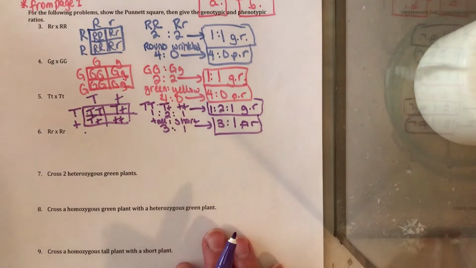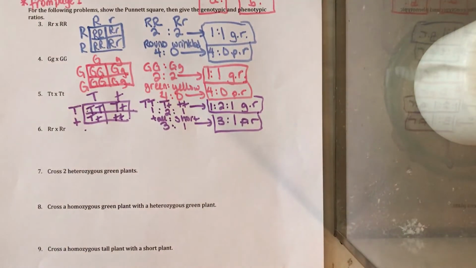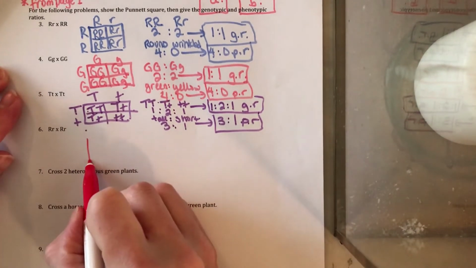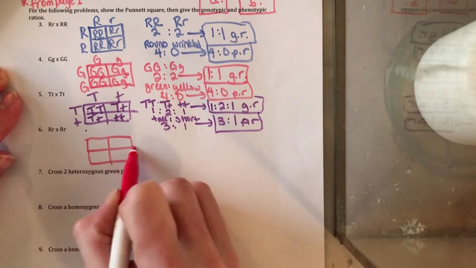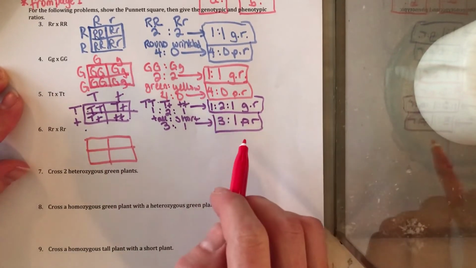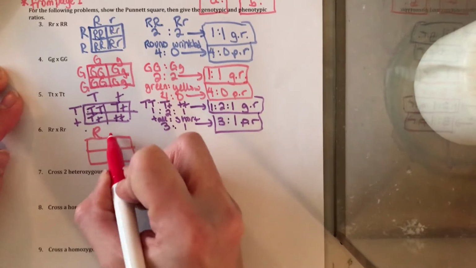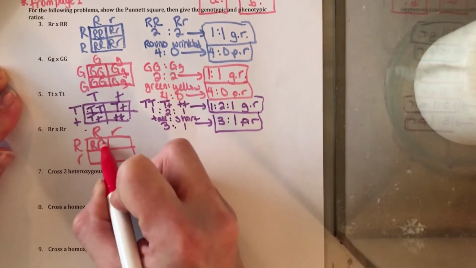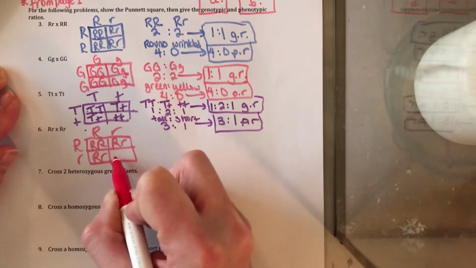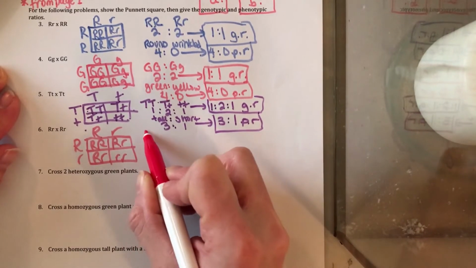And it then ends up being a similar pattern for number 6, which is another 1 to 2 to 1, another 3 to 1 ratio. So I'll just work through that here because this is just extra practice.